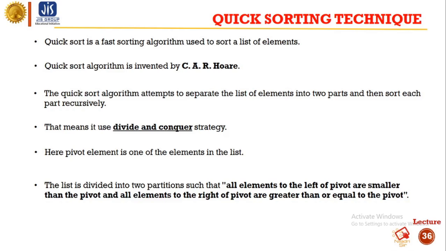The pivot element is one of the elements in the list, and the list is divided into two partitions such that all elements to the left of the pivot are smaller than the pivot and all the elements to the right are greater than or equal to the pivot.